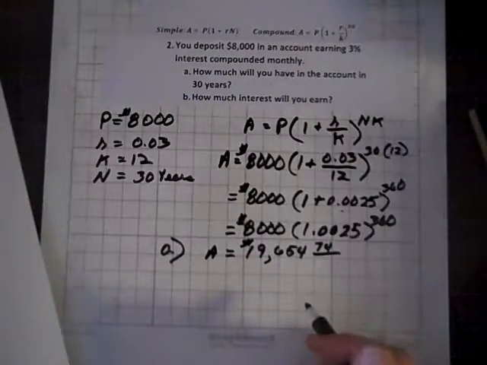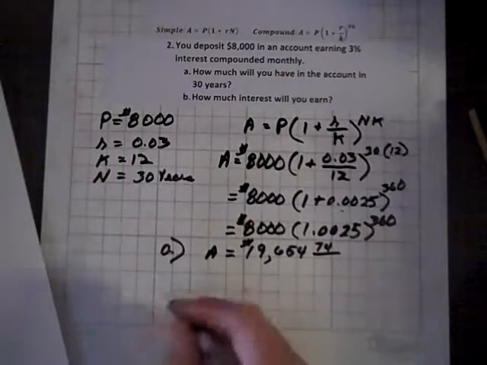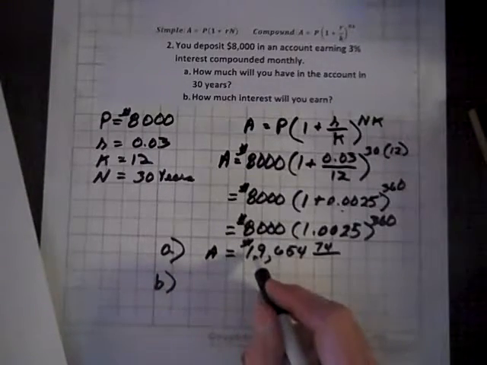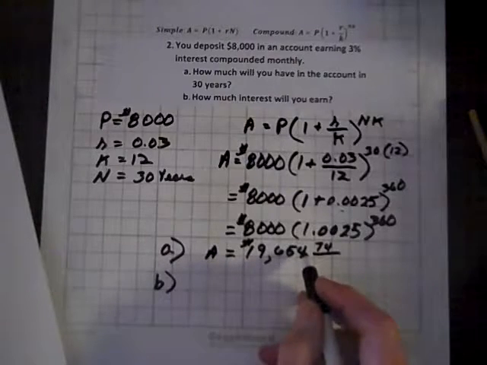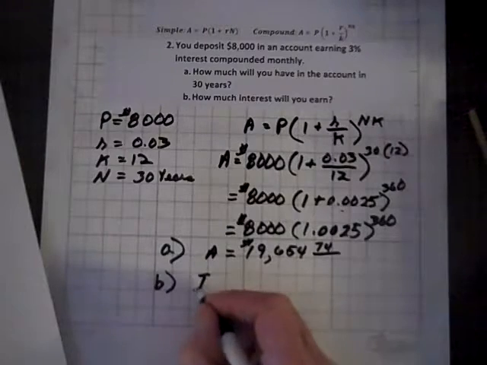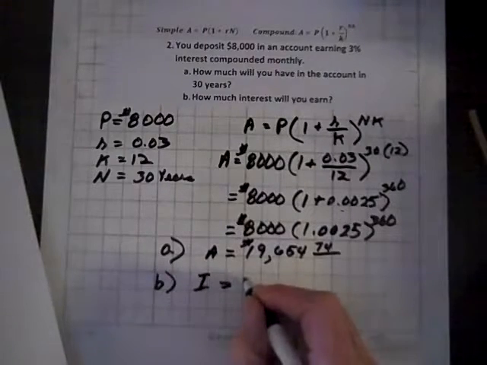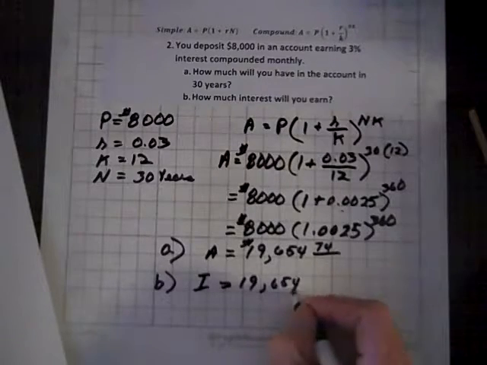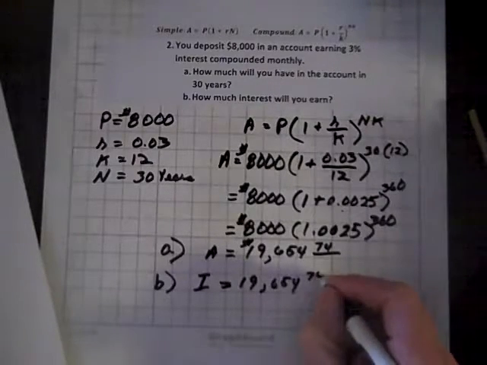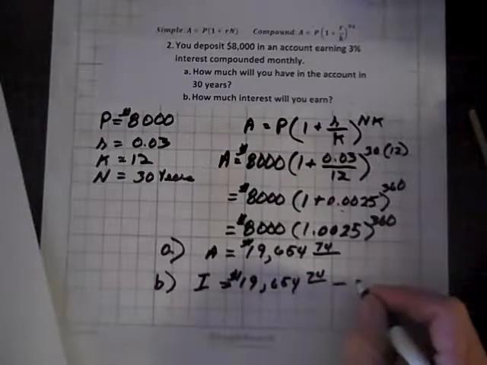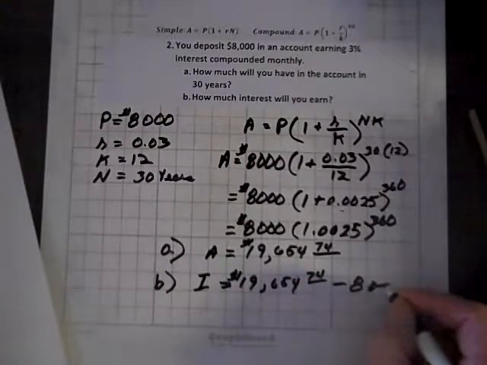Now, the next issue is, well, what was the interest? So B, if we subtract the principal, the money we started with, from this value, we'll have the interest. So the interest equals $19,654.74 minus, and we started with $8,000.